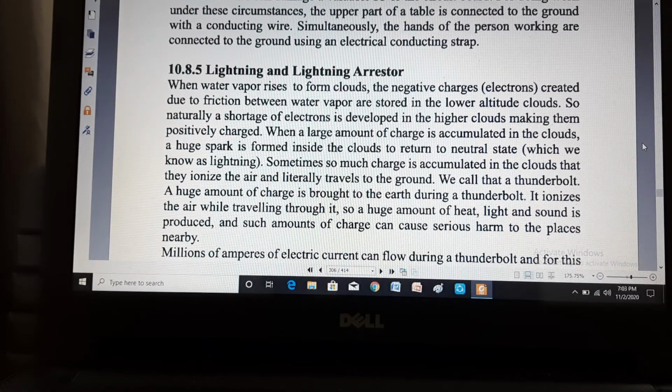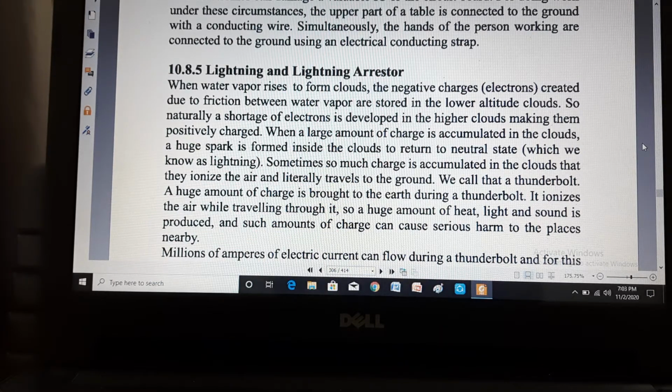Our next topic is lightning and lightning arrestor. You are very well aware of lightning and lightning arrestors. We can see lightning in the rainy season.